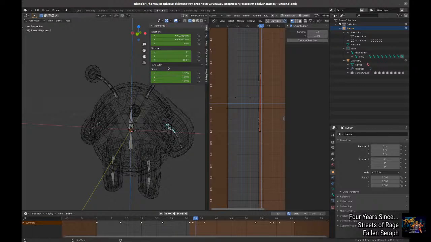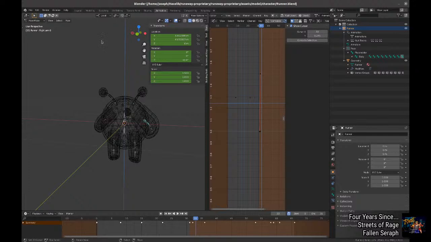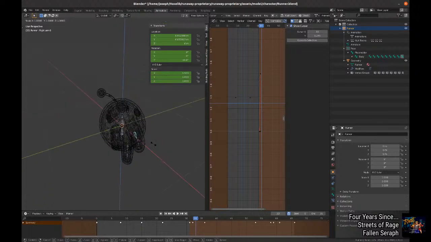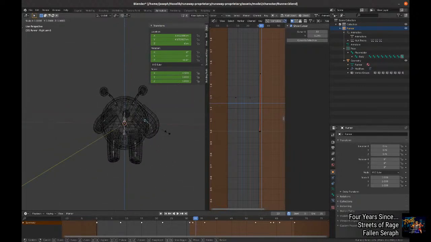Either it could be scaling along the global axis, which Blender does not support. It scales along the local axis fine, but doesn't do that.